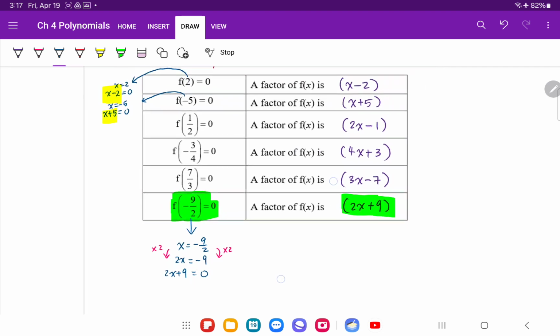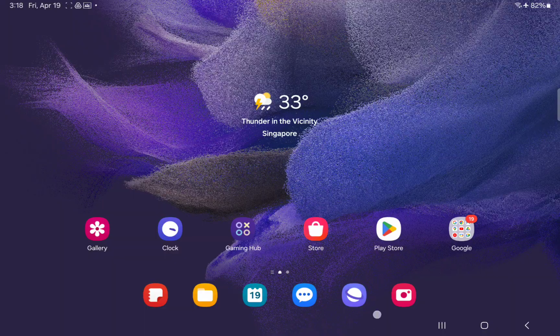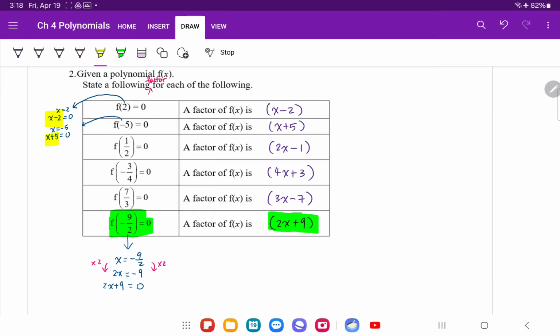The trick is always ensure a 0 appears on the right hand side. Once I'm satisfied, I will take the 2x plus 9 and put it into here as the factor. Now this is a very important skill for today's lesson as we continue with topic 4.3.